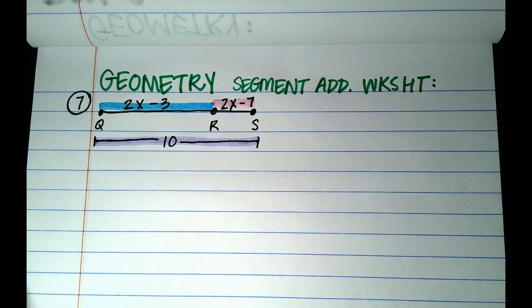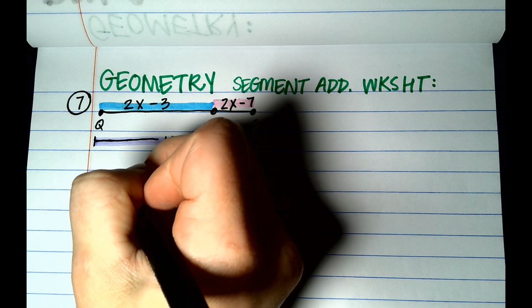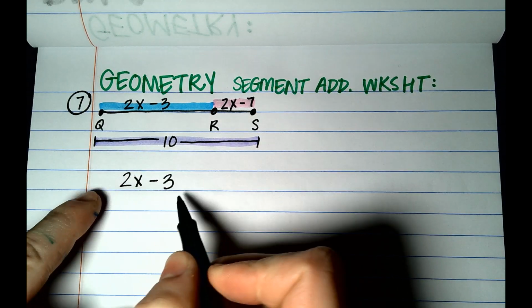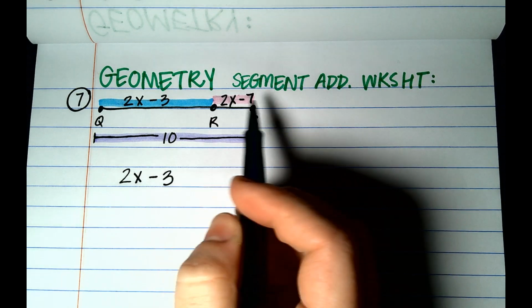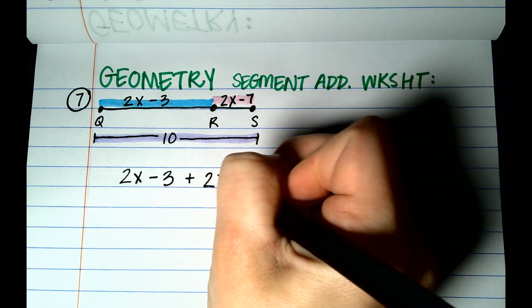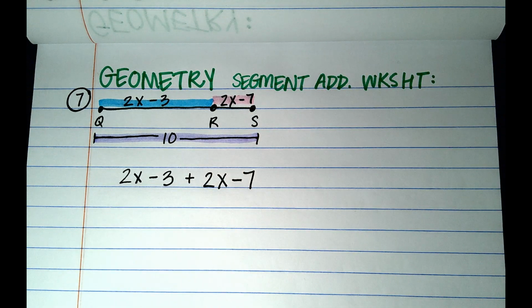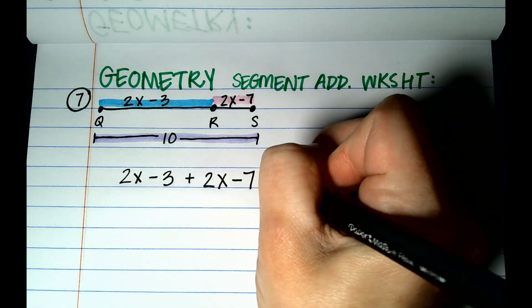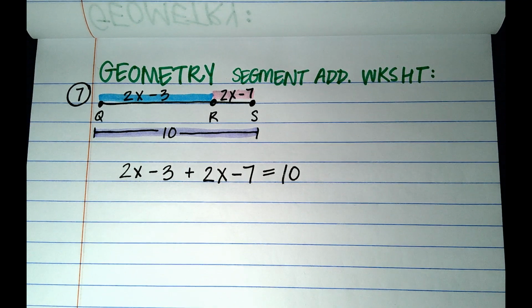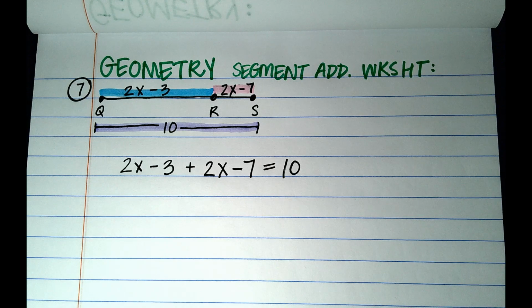A little art class for you. So we're going to start with 2x minus 3. That's our first part. We're going to add that to 2x minus 7. So plus 2x minus 7. And what will that be equal to? 10. Good. When we add the two smaller bits, we get the large length of 10.